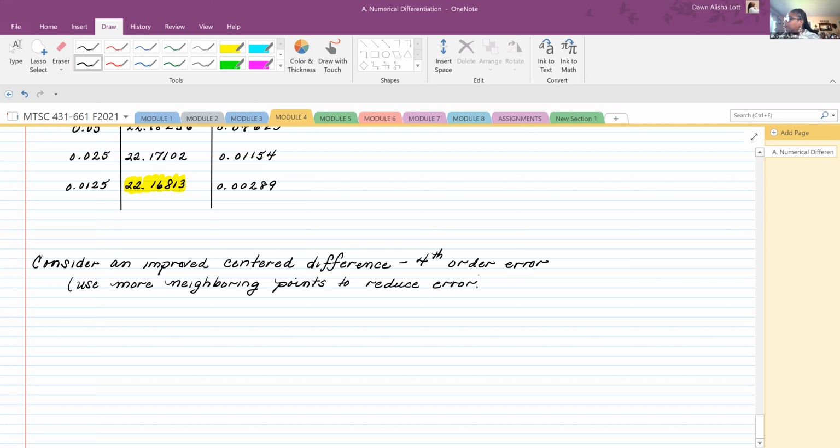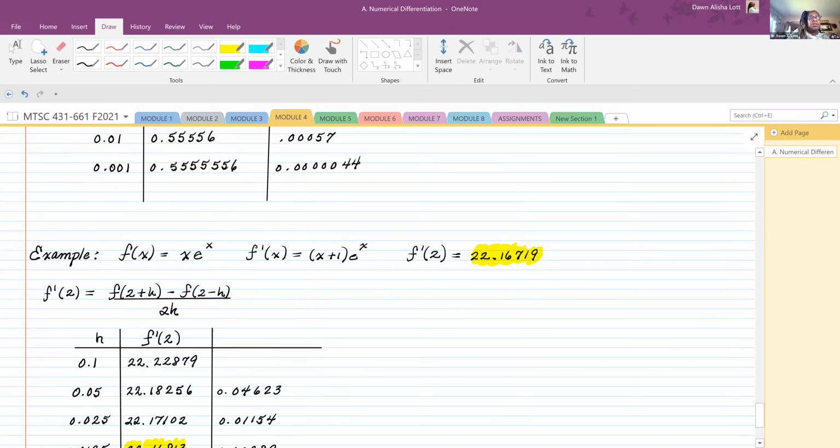Okay, so when we did the second order central difference, we had here our x plus h and x minus h. I don't even know if I called it x naught. I think I might have just called it x.